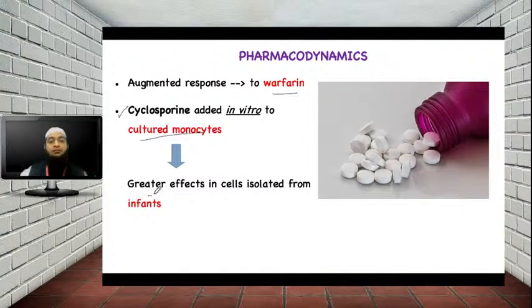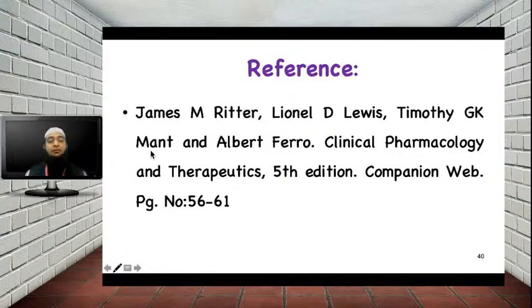So there is a greater effect in cells which are isolated from the infant as compared to those cells which are isolated from the adult. Okay, so the effect of cyclosporine is increased as compared to the adult, and it is observed in case of the child. So these different pharmacodynamic effects are seen in case of the children.